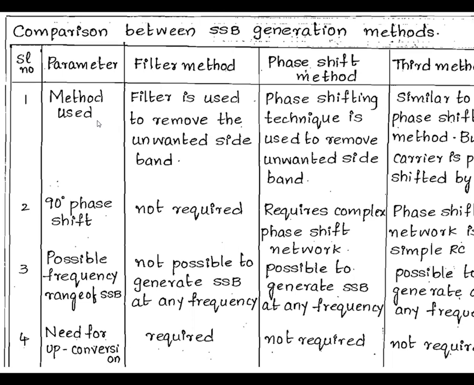So this is the first point, along with the circuit design. In the filter method, filters are used to remove one of the unwanted sidebands. In the phase shift method, a phase shift technique is used to remove the unwanted sideband. Here also in the third method a phase shift technique is used to remove the unwanted sideband, but one more carrier is used to generate the signal.